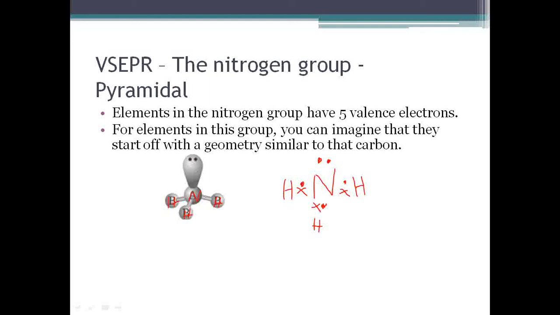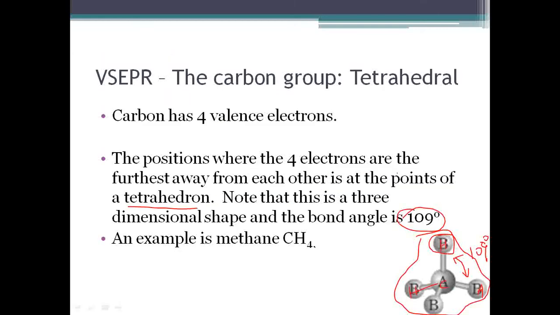So if I asked you before anything else, what the angle would be between these bonds here, your response should be 109 degrees, because that's what it is with methane. It's 109 degrees.